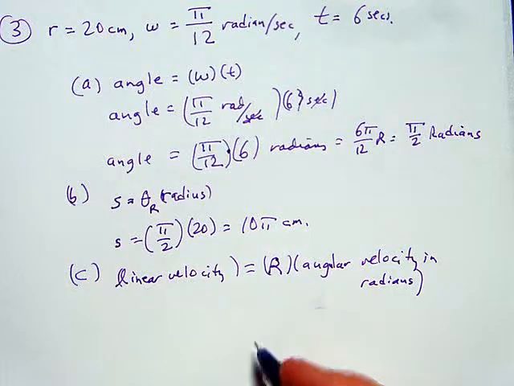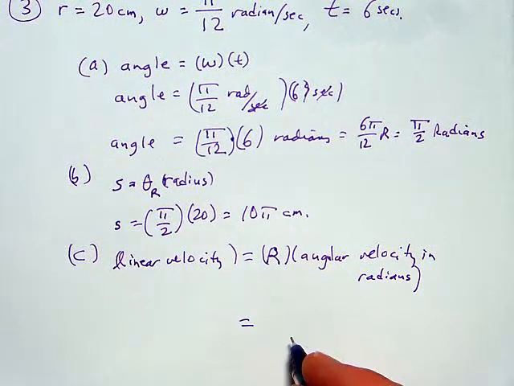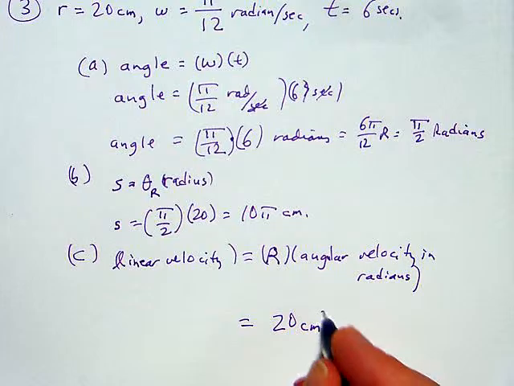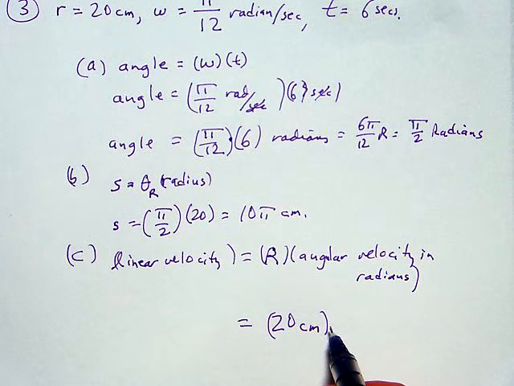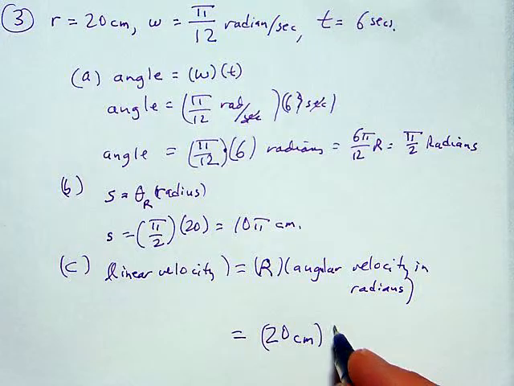Okay, so let's just plug in what we need here. The radius is 20 centimeters, and the angular velocity we were given as pi over 12 radians per second.